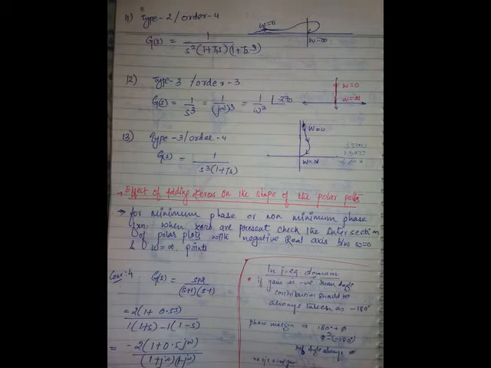So when omega is 0, the magnitude is infinity and the angle is minus 180.